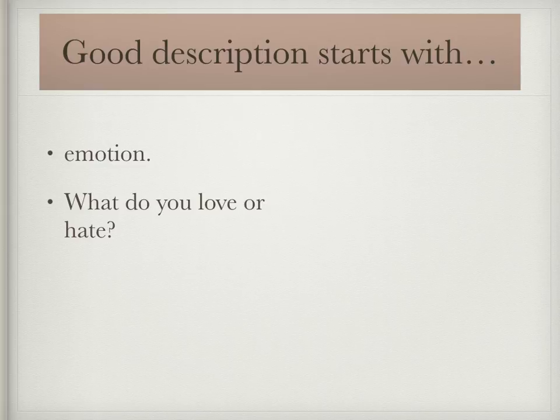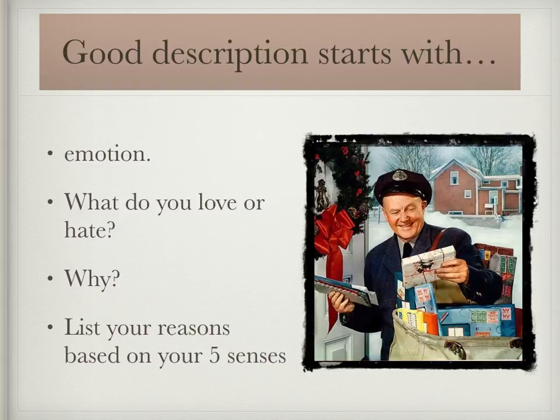There are very few things that are on our "we're just okay with it" list. And if it is on that list, why? Always ask yourself why, and then make a list of your reasons based on your 5 sentences. For example, you may say, I love Christmas. Well, why? So think of your 5 sentences.